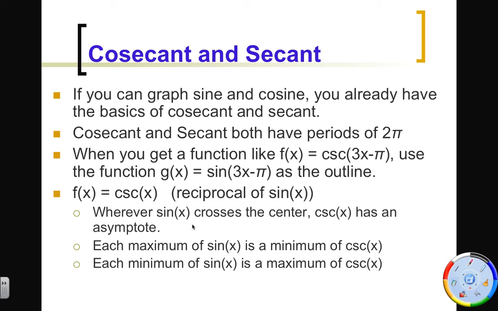And here's the other parts. Each maximum of sine is a minimum of cosecant, and each minimum of sine is a maximum of cosecant. Take a minute to gather your thoughts for that.